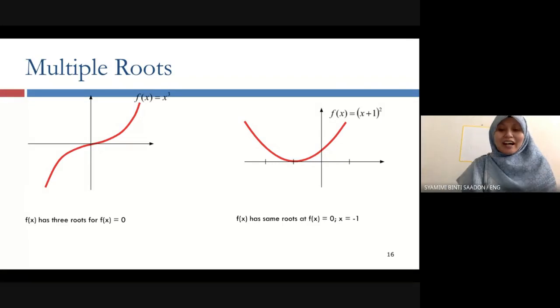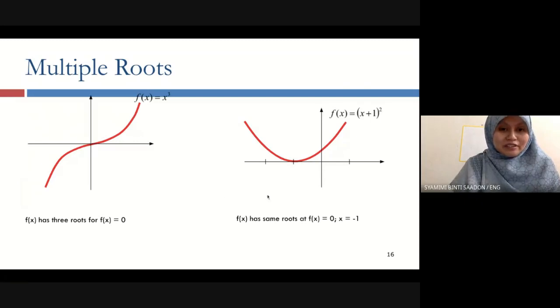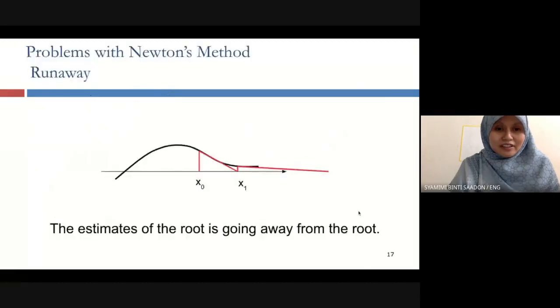This is an example where you have multiple roots. So for this one, f(x) has 3 solutions. If you apply the complex problem, you have minus i, the complex solution. This one has the same roots at minus 1.